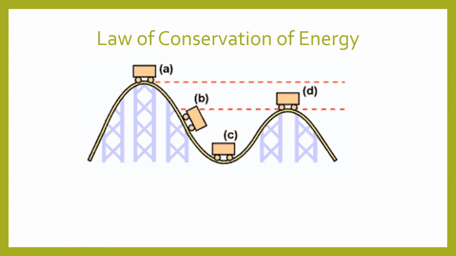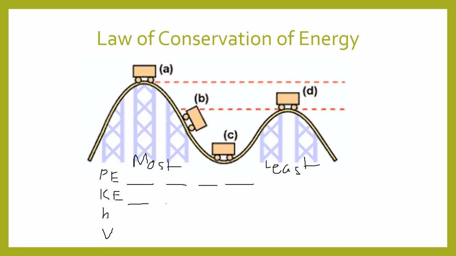So let's look at a situation like this. Here is a roller coaster with 4 different parts. This is what I want to know: let's rank the parts from most to least PE, KE, H, and V. So we have 4 spots, 1, 2, 3, 4.